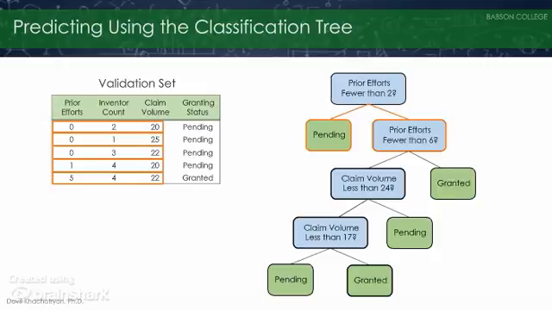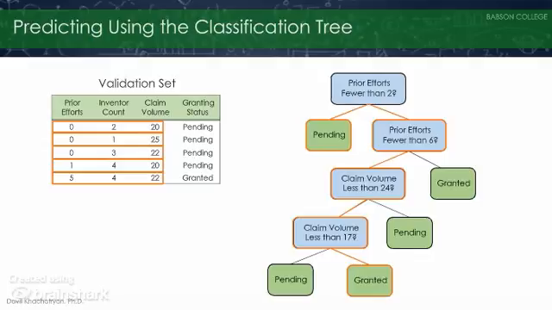Since it has 5 prior efforts, which is less than 6, we then will move to the left branch. And since the number of claims for that particular patent document is 22, we will continue to the left and to the right to arrive at this granted status. And that's the class that this last and 5th patent application will get.